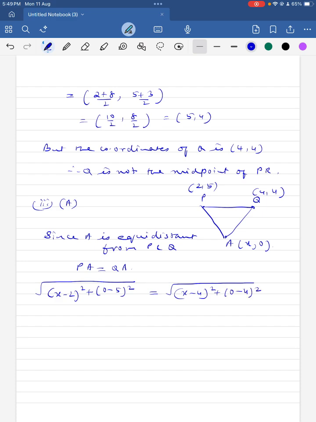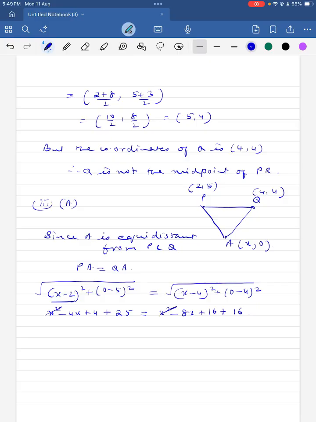So let me square both sides and open this up with the a minus b the whole squared identity. So x squared minus 4x plus 4 plus 25 is equal to x squared minus 8x plus 16 plus minus 4 the whole squared is 16 again.